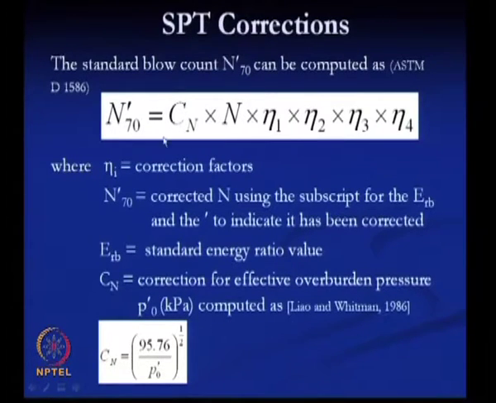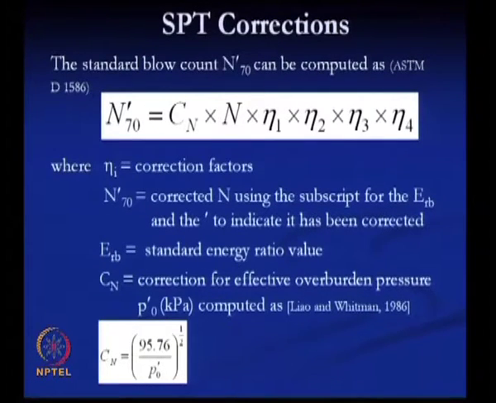Now, we have to apply the other correction. Cn is the correction due to effective overburden pressure, and we can use this expression where P0 bar is the effective overburden pressure, and then we get the Cn value. This is very important for granular soil, where the effective overburden pressure plays a very important role when you determine the SPT value.